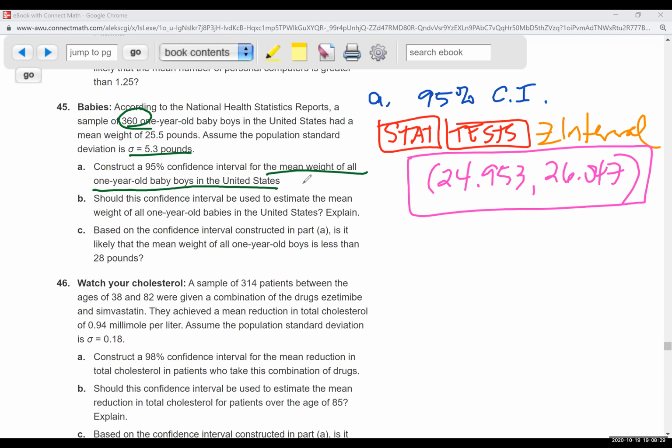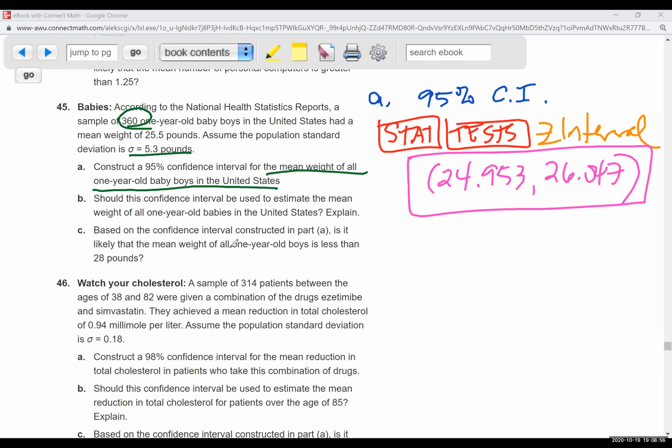Letter B. Should this confidence interval be used to estimate the mean weight of all 1-year-old babies in the United States? Yes. Say yes. Yes or no?